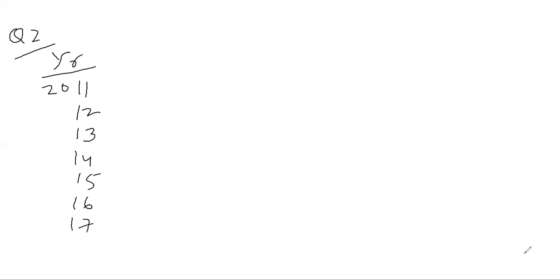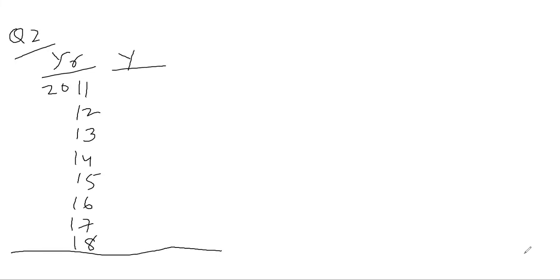I'm giving the question now to you in your WhatsApp, but you write from here. First is the year. So first is 2011, then 2012. You can write the whole year, I'm just writing in shortcut. 13, 14, 15, 16, 17, and 18. Then the Y values are given.